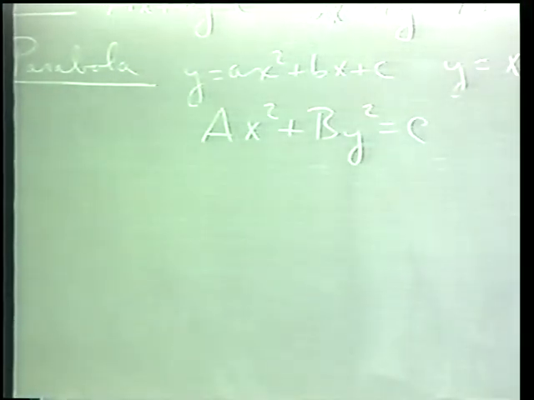Notice here both x and y are second degree. The highest exponent for x is 2. The highest exponent for y is 2. Both x and y are second degree.